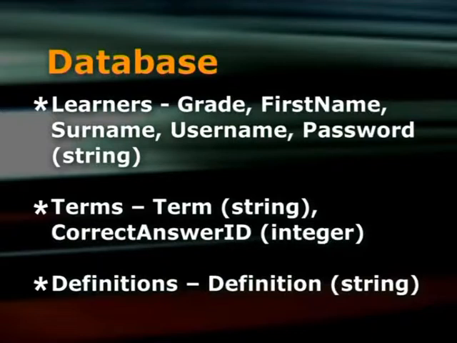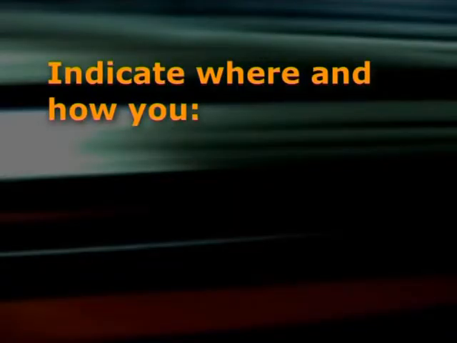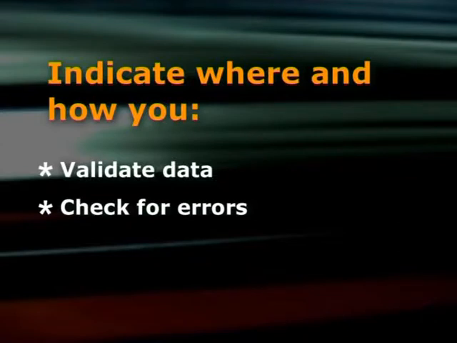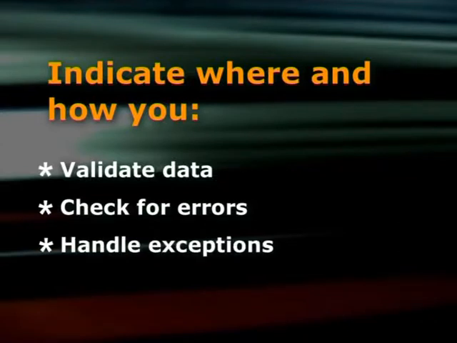This brings us to the last step necessary to complete your IPO tables. For your PAT, you have to indicate where and how you will validate data, check for errors, and handle exceptions. The best place to do this is in the IPO table that it relates to. You have to indicate where you will have to validate data, check for errors, and handle exceptions.